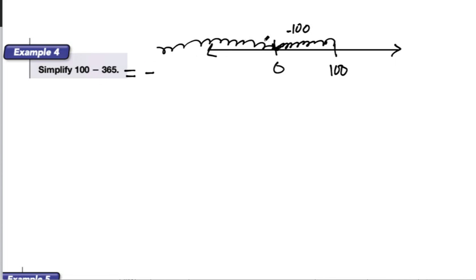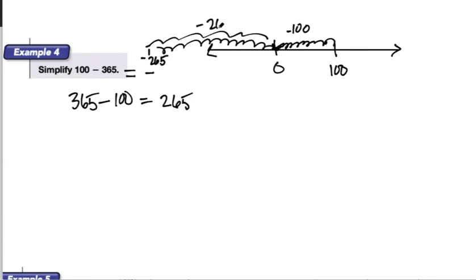Well, I've already gone 100 steps, so I'd have another set of steps to go. 365 minus 100 is 265. So I'd be all the way back here at negative 265, because I'd take another 265 steps in that direction.